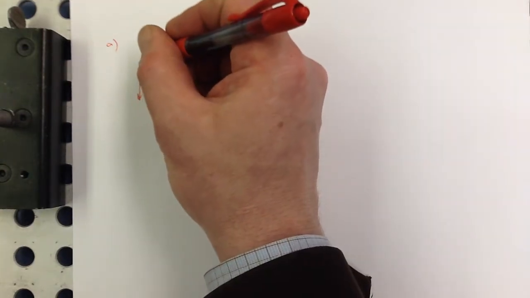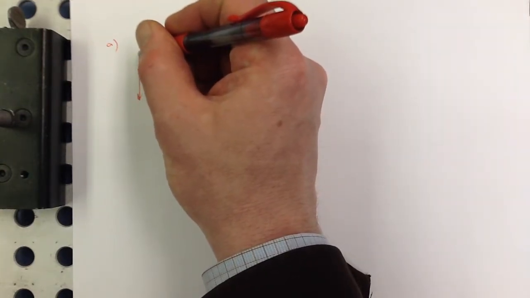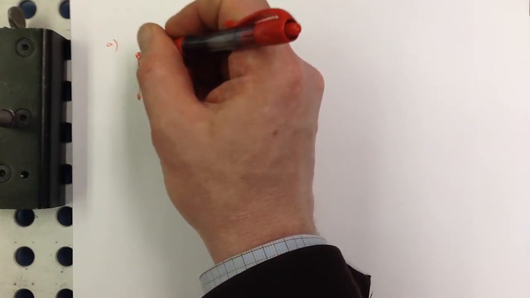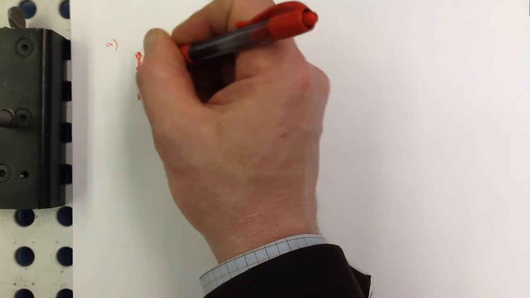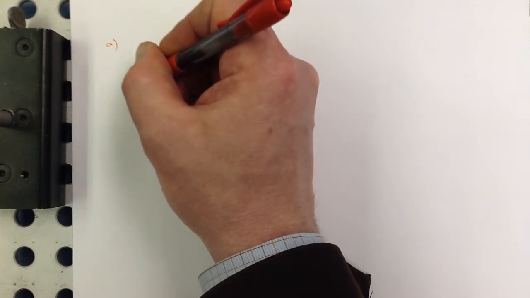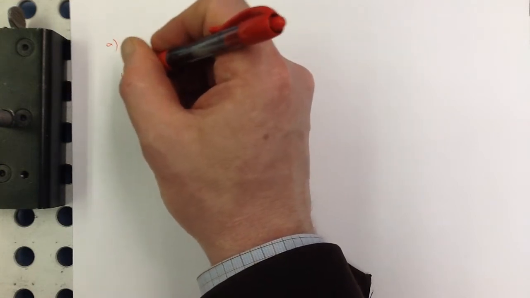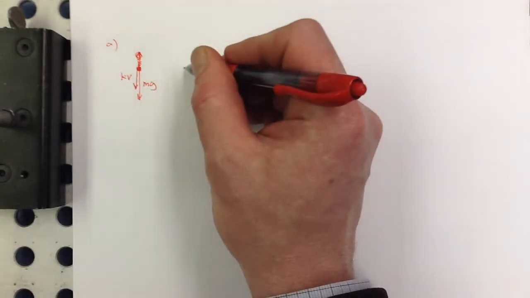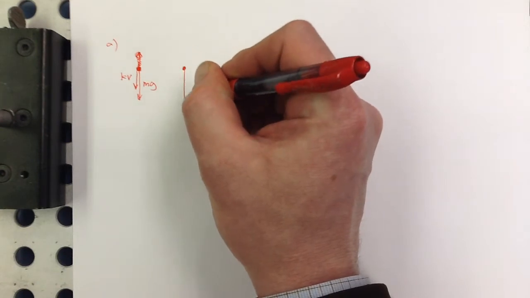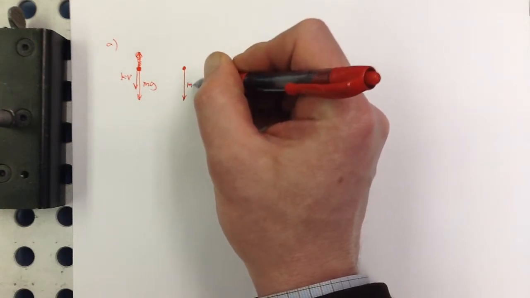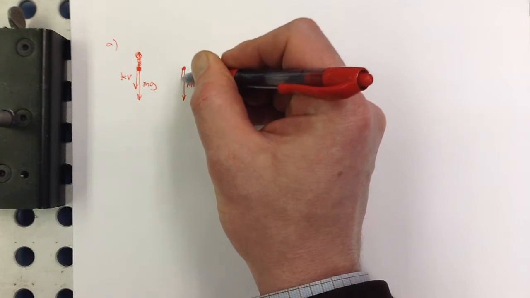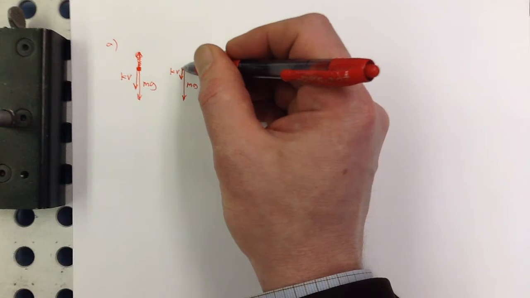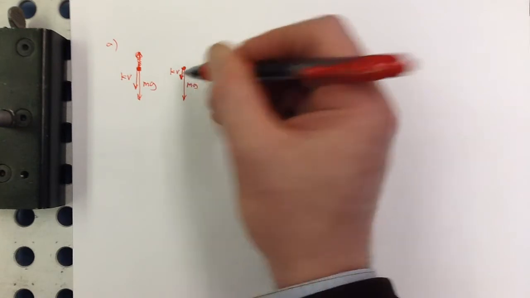And as it moves upward, it's got its greatest speed, so the air resistance will be down, right? So that's the kV. As it goes upward and these forces act on it, the kV is going to decrease because the v is getting smaller, right?